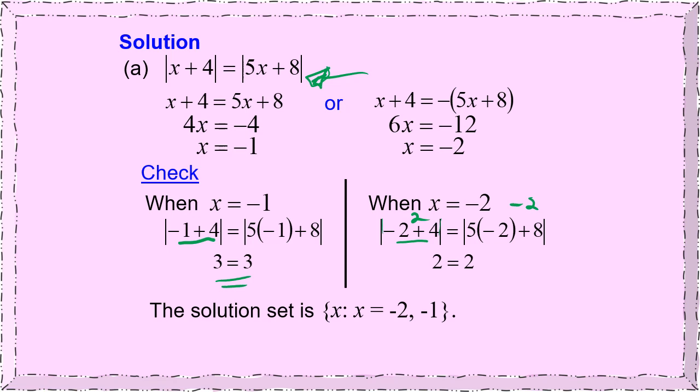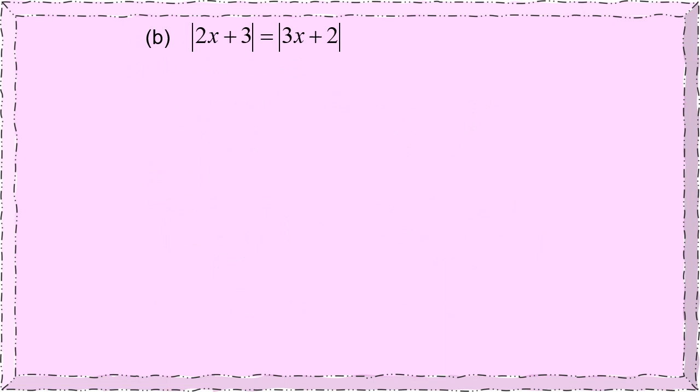For question B, absolute of 2x plus 3 equal to absolute of 3x plus 2. As usual, we define it by using the definition of absolute equation. We have 2x plus 3 equal to positive of 3x plus 2, or 2x plus 3 equal to the negative of 3x plus 2.